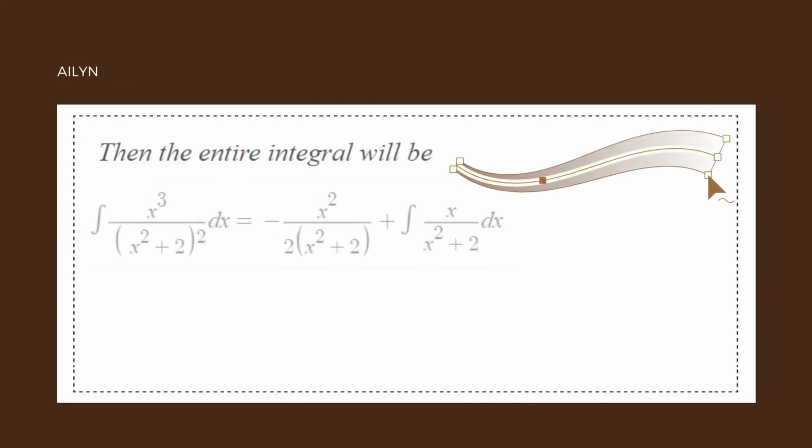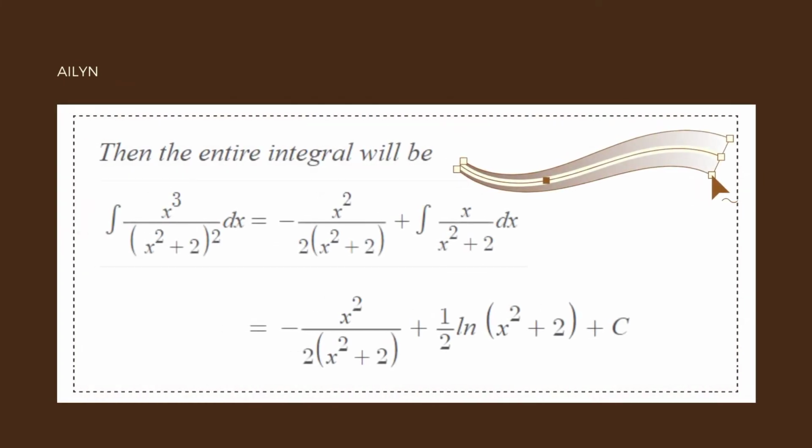So the entire integral, the integral of x cubed over the square root of x squared plus 2 dx, is equal to negative x squared over 2 times x squared plus 2 plus the integral of x over x squared plus 2 dx.